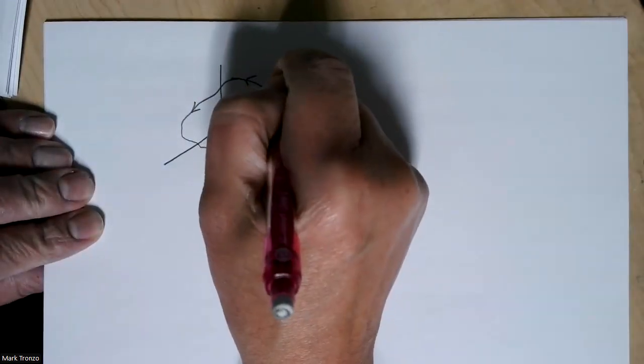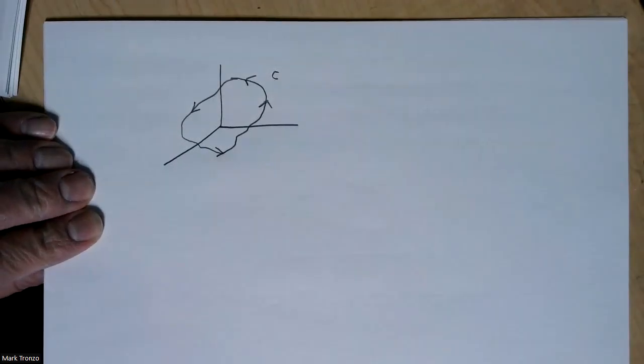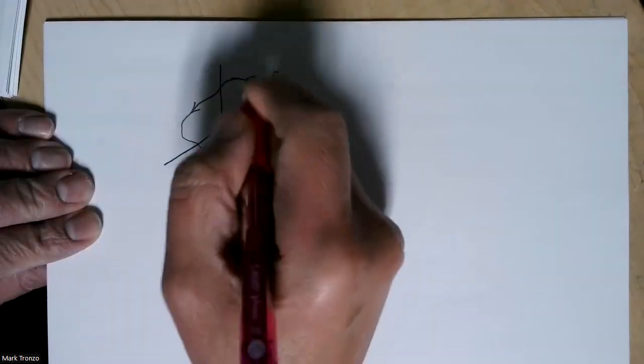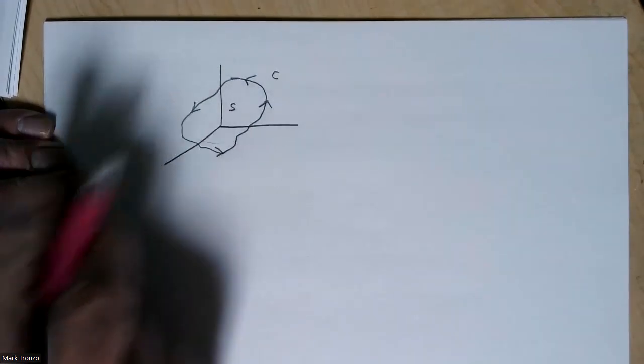Some boundary C. And then you have a surface inside. Again, let's call this S, some surface in here.